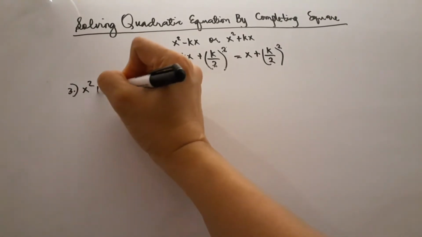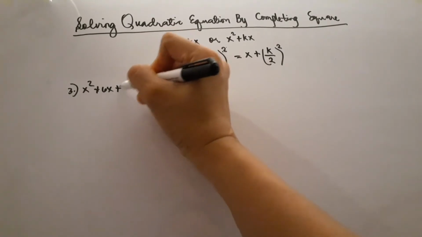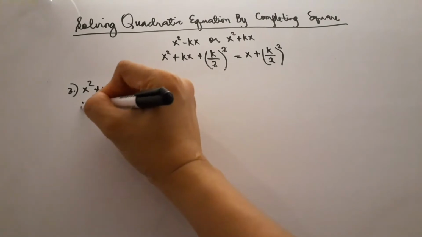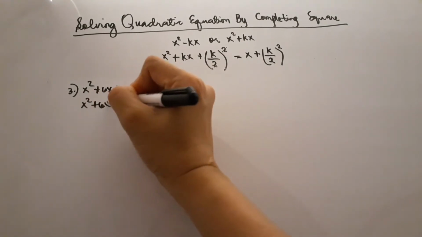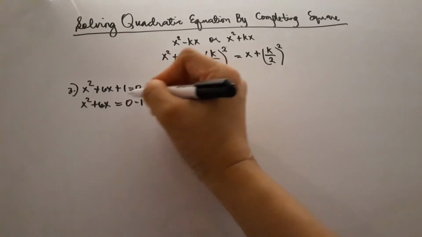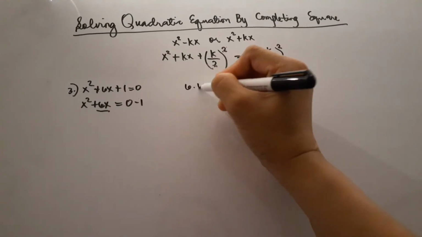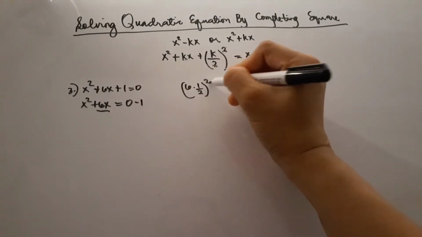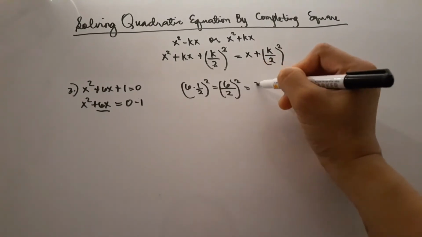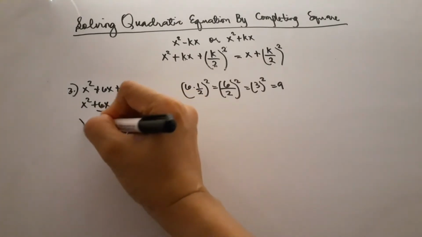And then let's have another example, number 3, which is x squared positive 6x positive 1 is equal to 0. To isolate the constant term, which is 1, we transfer it to the other side. So we have x squared positive 6x is equal to negative 1. And then we take half of the coefficient of x. So 6 is the coefficient of x, so we divide by 2 and square it, and then we have 9.